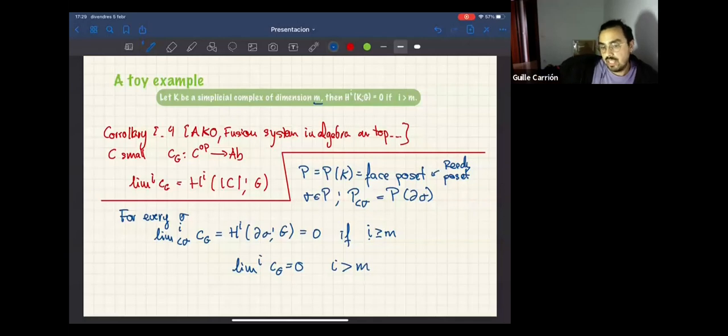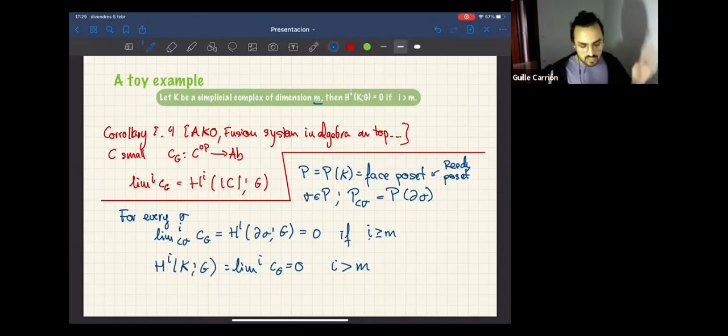Here we lose again the equality, and also it is a counterexample showing that we can have the equality too. And also this is by the previous corollary the cohomology of K.